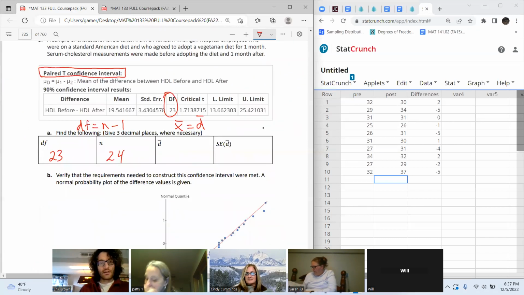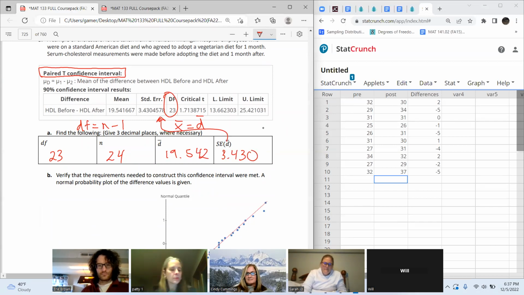So it's just the mean, it's just the point estimate. And then do we all remember the standard error is the standard error? These two are the same. Is that okay?